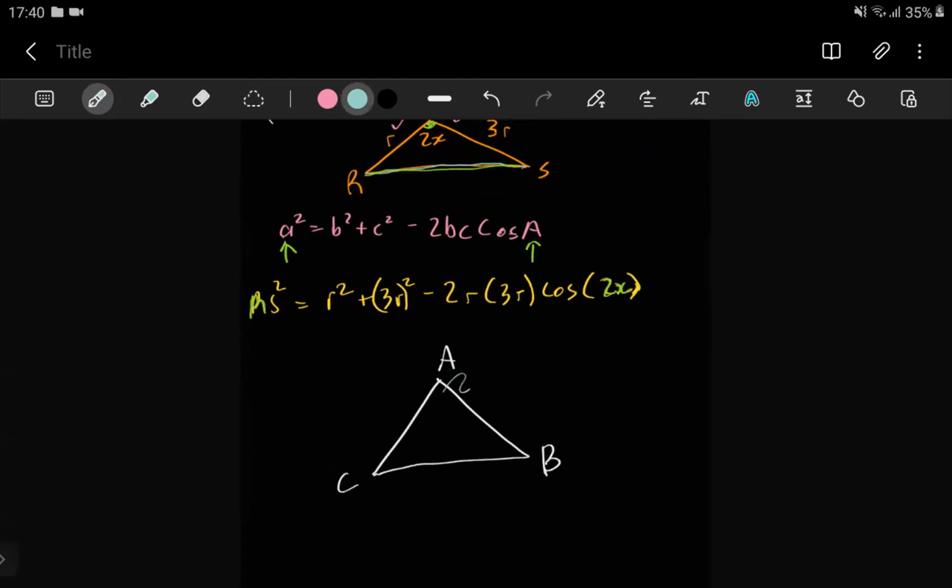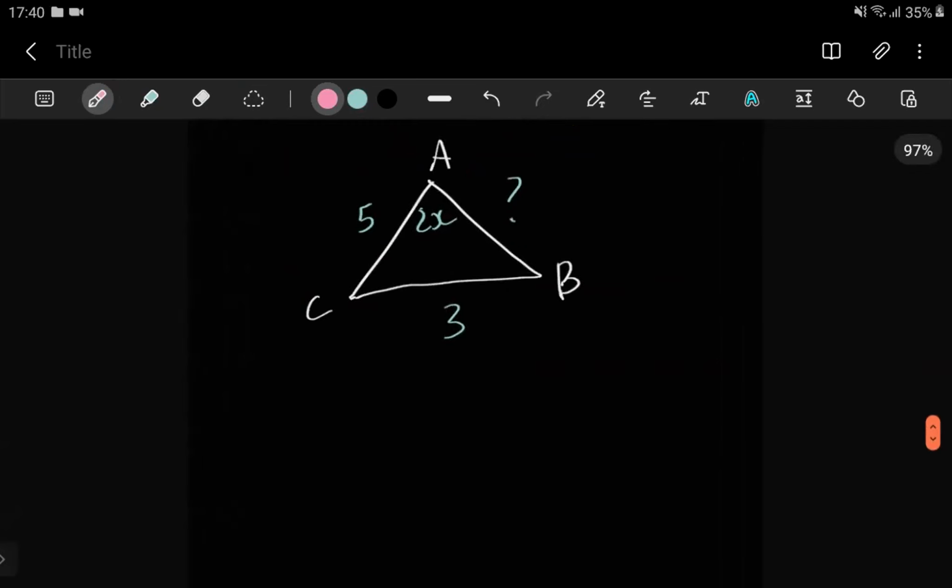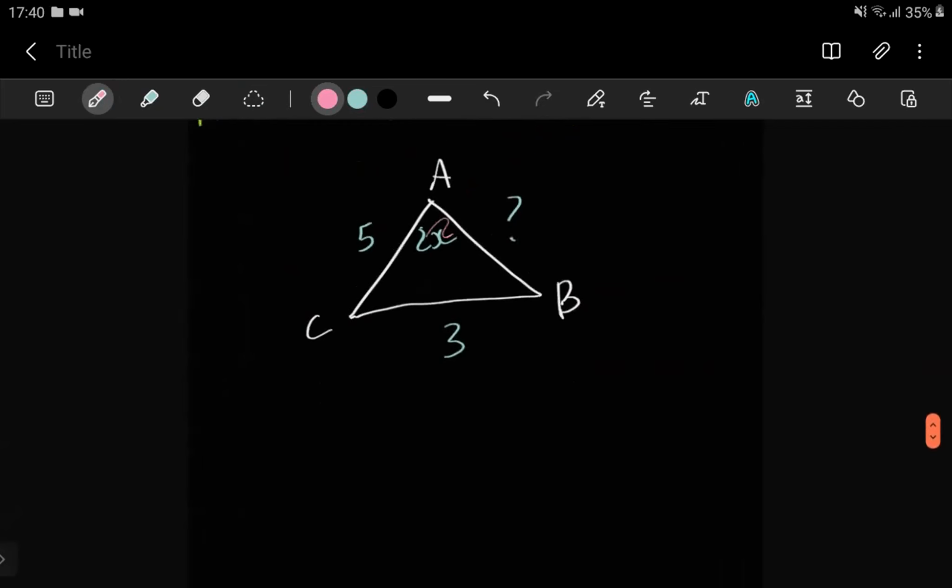Now let's say this angle is 2x, and this side here is 3, and this is 5. The only issue here is they can ask for AB. If they ask for AB, you have to remember that according to your formula, these two are the ones that go on the edge.